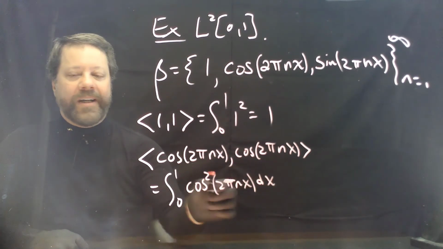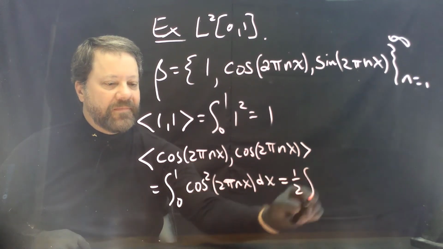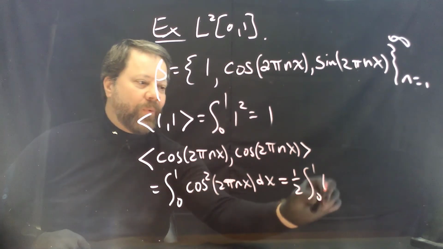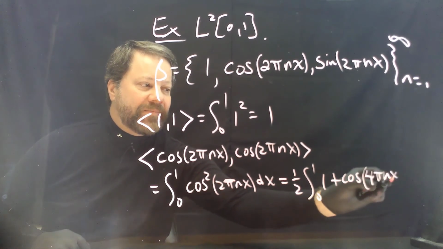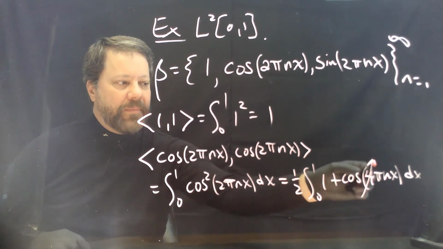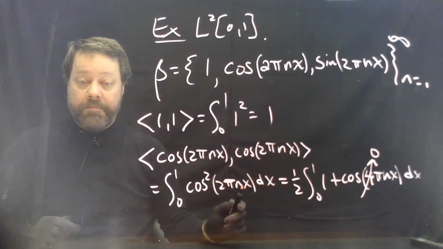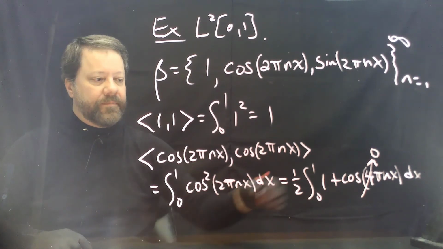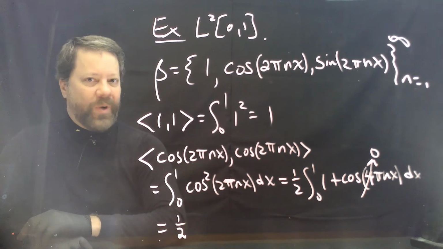And whenever you're integrating cosine squared, you need a half-angle identity. We'll have 1 plus the cosine of 4 pi nx. This last term will give you a value of 0 integrating over an integer number of periods. And so you can see we get 1/2.